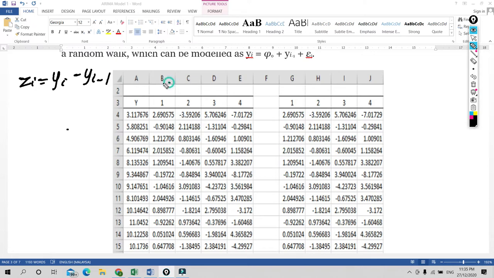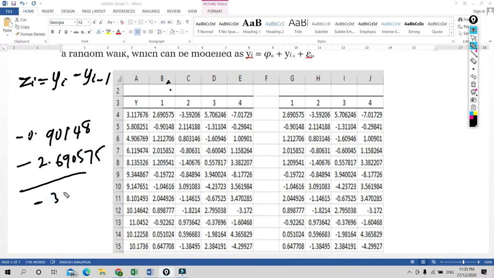You don't have to use the complicated formula. The second order difference is negative 0.90148 minus 2.690575, which is equal to negative 3.9206. These are the second order differences.